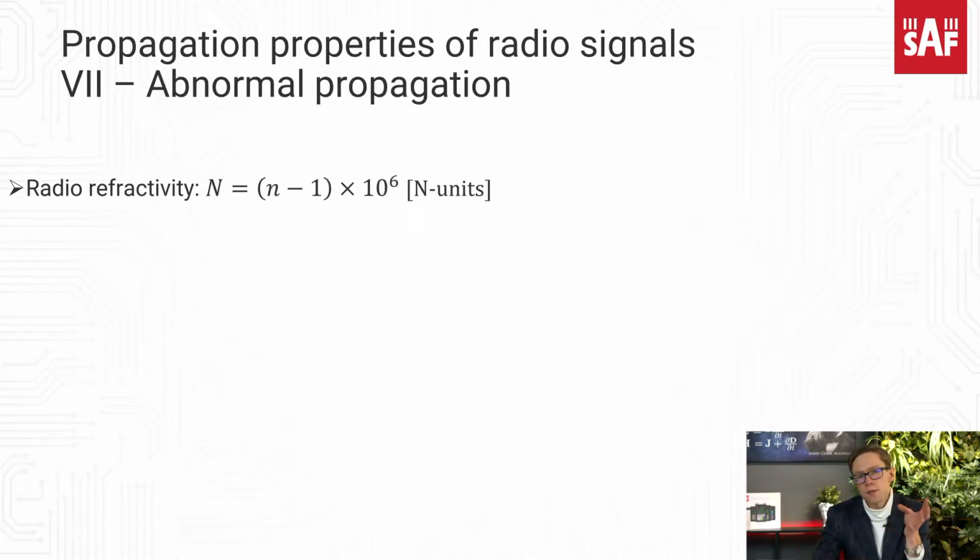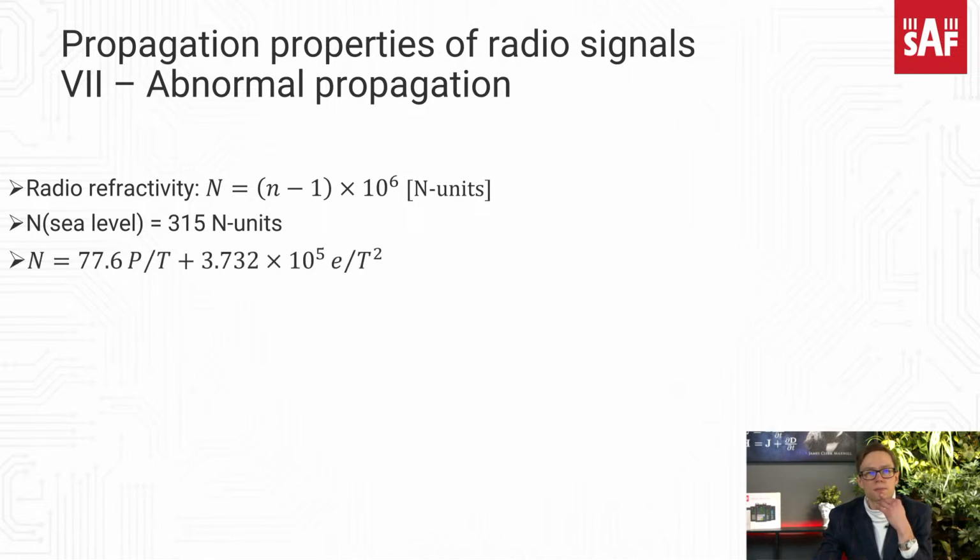The radio refractivity is expressed in so-called N units. These are arbitrary units invented for our own convenience, and the standard value at sea level is 315 N units, which doesn't say much now, but we will see different N units and how they apply to abnormal propagation conditions.